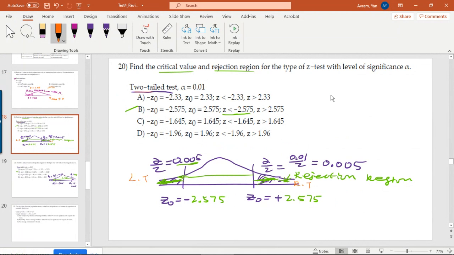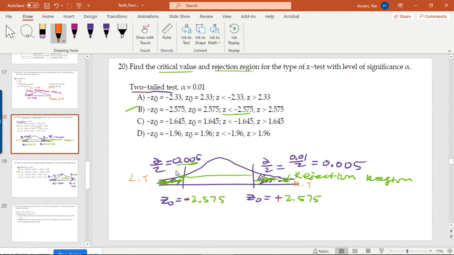Okay, and the alpha is 0.01, but since I have two tails, I have to split it in half. So this will be half of the alpha, this will be half of the alpha. So this area will be 0.005. This is also 0.005. But as I said earlier, with z-score, this side will be negative, this side will be positive, and since the bell curve is symmetric, these two numbers will be the same, right?